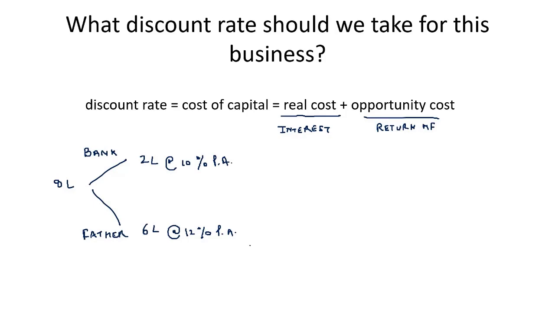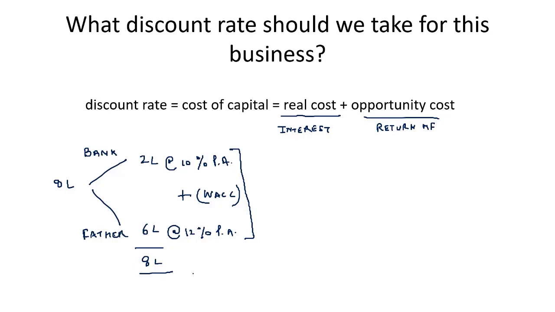So how do you really arrive at a common cost of capital combining both these factors? When we combine both these factors, this is also called weighted average cost of capital, also called WACC. So let's see how this is done in practice. Your total is 8 lakh rupees. Right? So we have to assign weights. That's why there is a weighted cost.